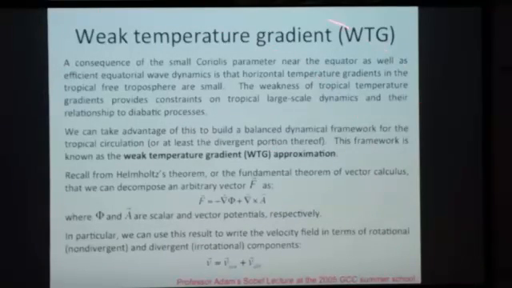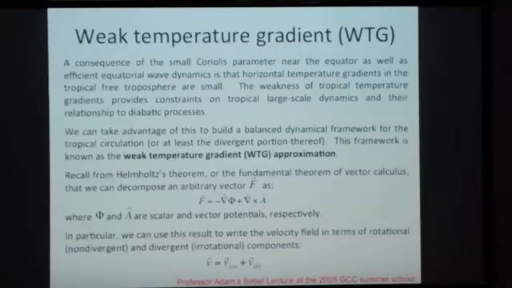So what I want to focus on is an idea called the weak temperature gradient approximation. Essentially, in the weak temperature gradient approximation, we have a small Coriolis parameter near the equator. We have efficient equatorial wave dynamics of various kinds. And as a result of these things, horizontal temperature gradients, at least in the tropical free troposphere, tend to be quite small. In other words, if you move from point to point in the free troposphere far enough away from the surface, really if you get above, say, 850 millibars, you're good enough.